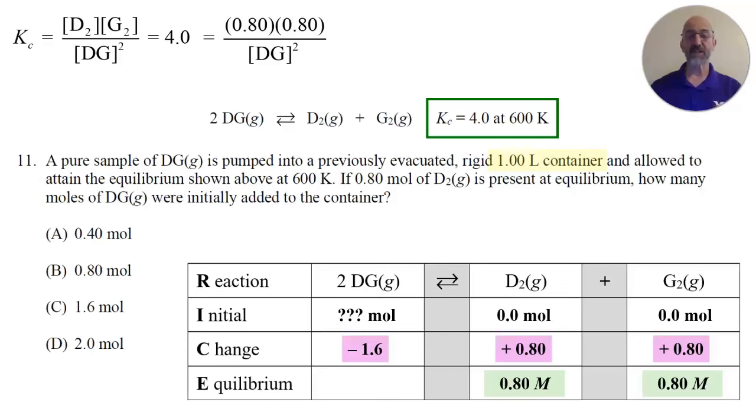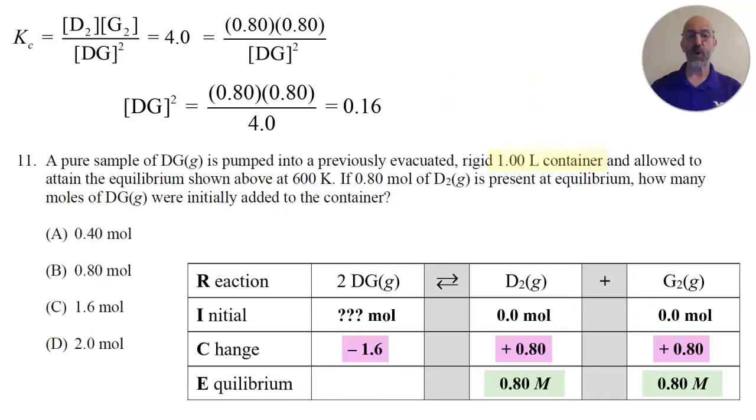So here comes the algebra. I'm going to rearrange this equation a little bit, and it would be concentration of Dg squared is equal to the following expression: 0.80 times 0.80 divided by 4. And when I do that math, I get 0.16, which represents the concentration of Dg squared.